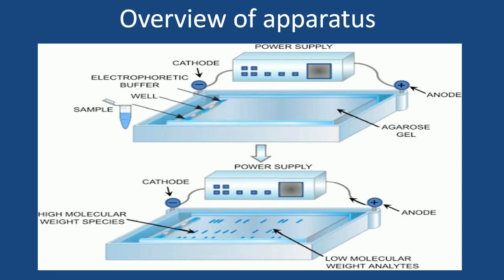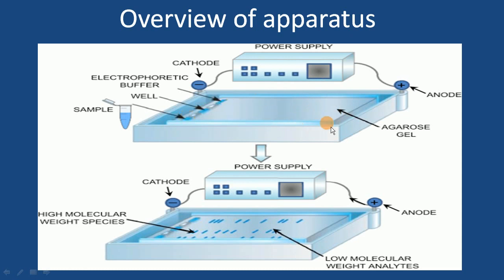Now the DNA sample means it is a mixture of various DNA molecules, various meaning various lengths of DNA molecules. You have to separate them, okay, and you have placed this slab in the buffer so that the movement of molecules and electricity can easily flow here, right.